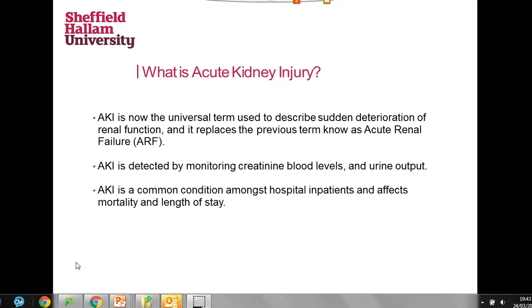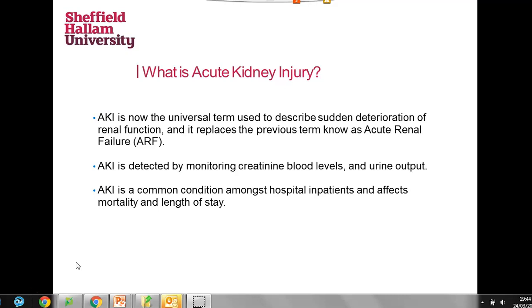The reason for the shift over to acute kidney injury is really to grab attention, and when we think about an injury, we think about something that doesn't possibly have to happen. It is something that has occurred and we don't really want it to be there. Whereas acute renal failure just suggests that the kidneys have stopped working.